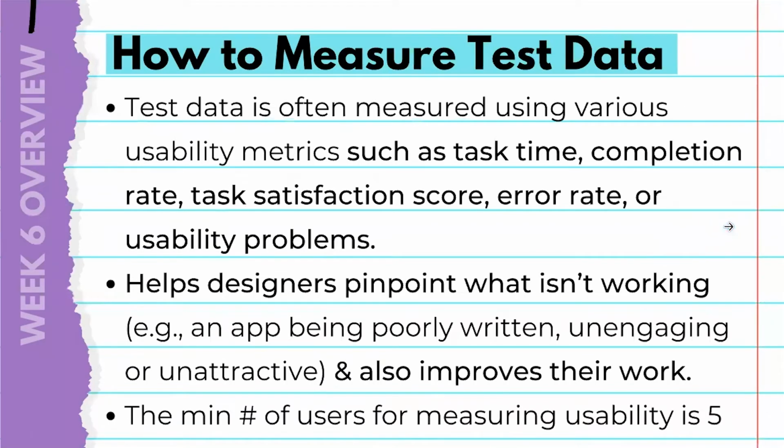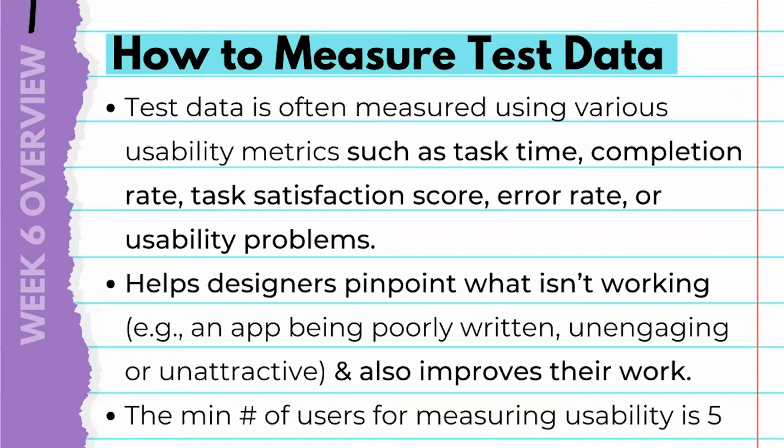Now we're going to discuss how to measure test data. Test data is often measured using various usability metrics, which we'll discuss in the next slide. Some examples are task time, completion rate, task satisfaction score, error rate, or usability problems.